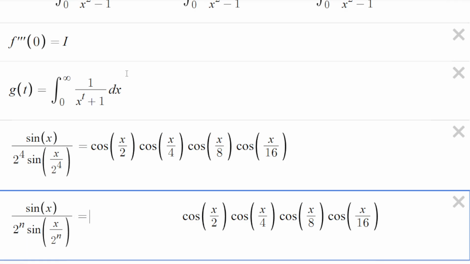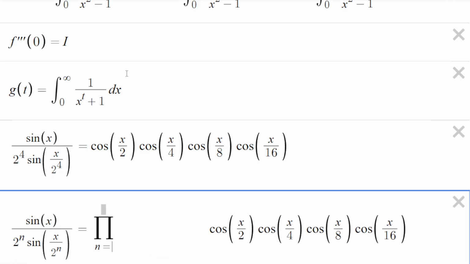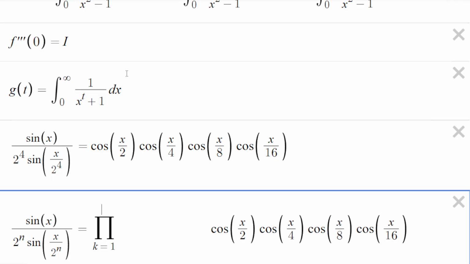So let's rewrite this as, and I'm just going to push this over a little bit. And we're going to say this is the product as some k goes from, let's see, how many terms do we have? We have 1, 2, 3, 4. That corresponds to our n. So we have 1 to n terms, right? However many, whatever our n is, we will go that many terms.